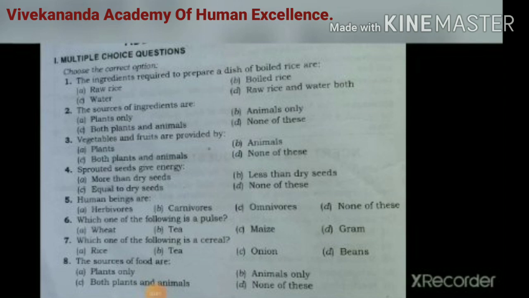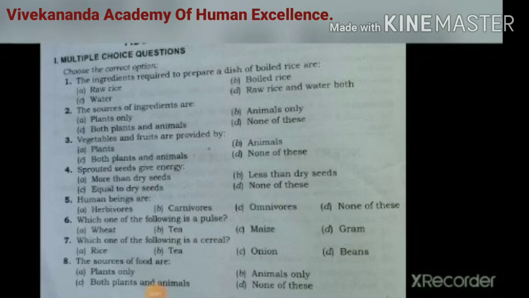Human beings are omnivores because they eat plants and animals also. Next, question 6: which one of the following is a pulse? Option A wheat, option B tea, option C maize, option D gram. What do you think? Yes, gram is a pulse.